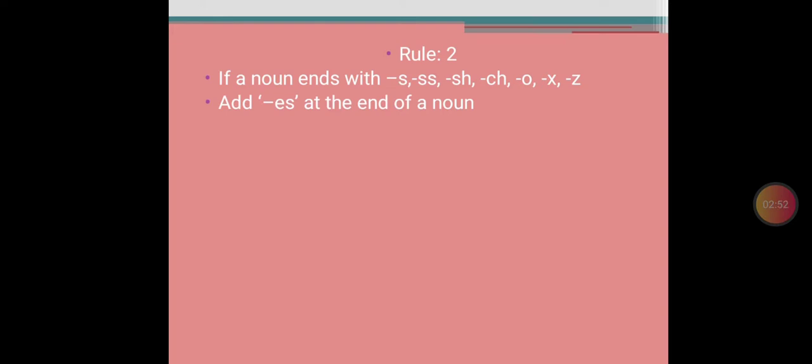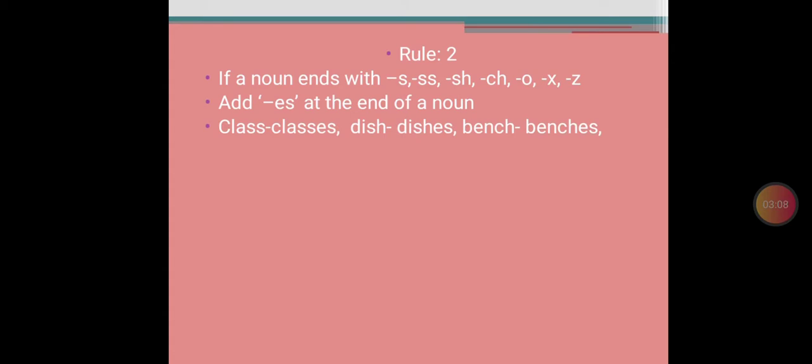Nouns ending with these letters take es. Examples are like this. Class. Look, at the end of the noun there is double s, so we have added es.